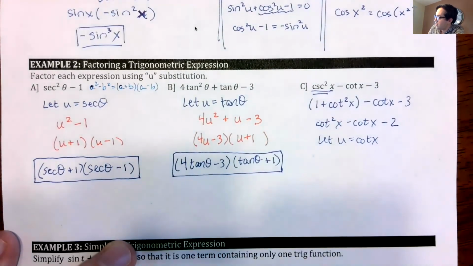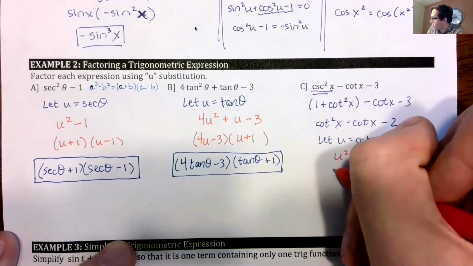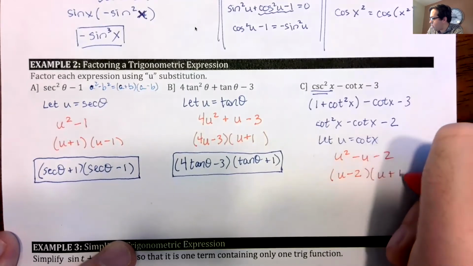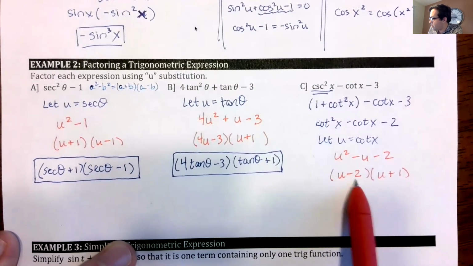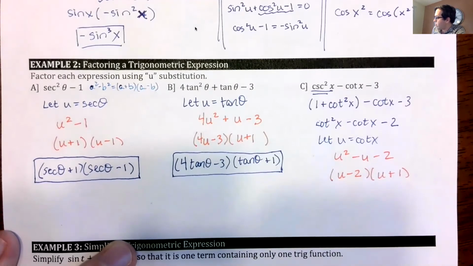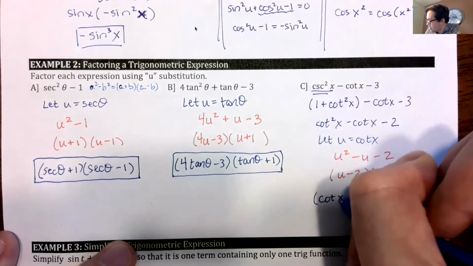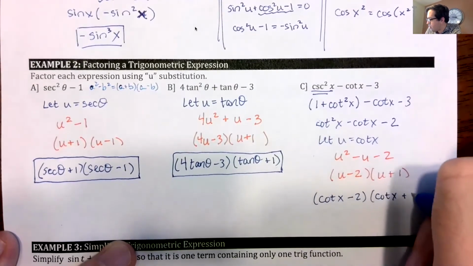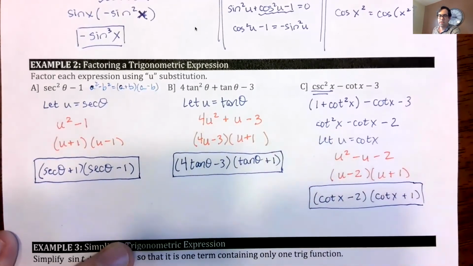So I'm going to get u squared minus u minus 2. That factors to u minus 2, u plus 1. Let me just check that. I'll get u squared plus 1 minus 2 minus 2. Yep. And then we're ready to switch back to cotangents. So we'll get cotangent of x minus 2 times cotangent of x plus 1. There we go. We factored successfully.